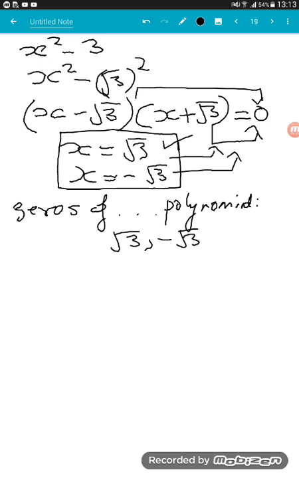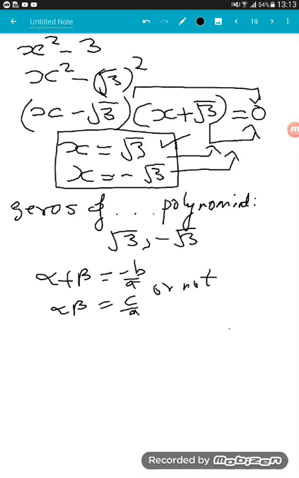Now you have to check whether alpha plus beta equals minus b by a and alpha beta equals c by a or not. For this check, we have to use the formula. You should not directly write alpha plus beta as minus b by a. First solve alpha plus beta, then solve minus b by a, then check whether they are both equal, then say that alpha plus beta equals minus b by a, hence verified.